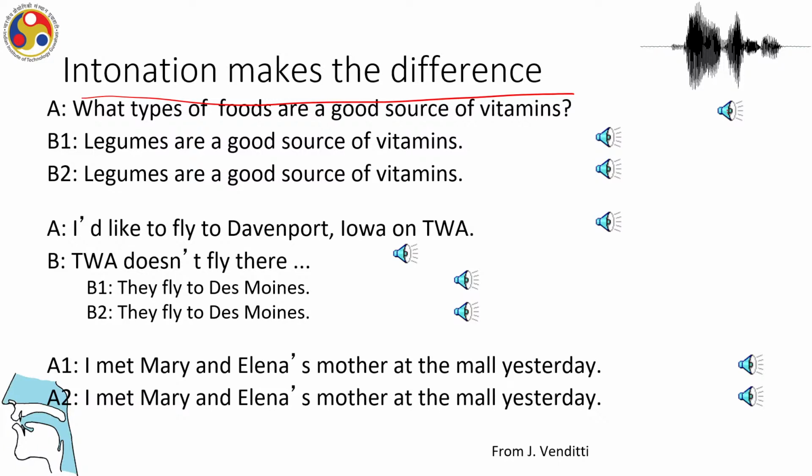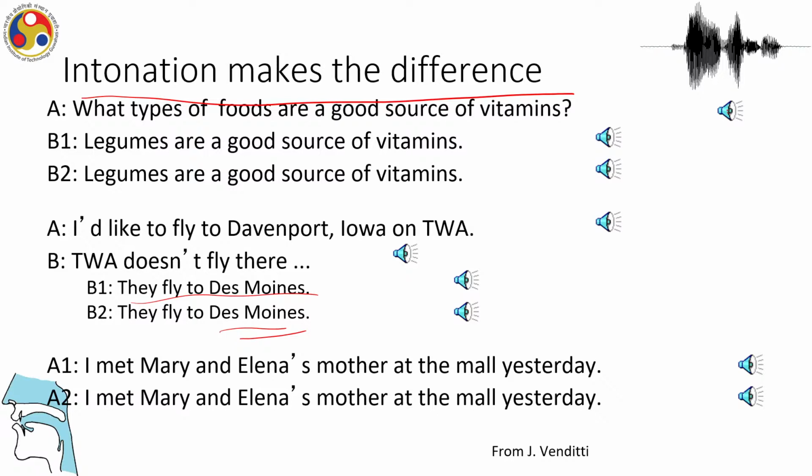If the answer is TWA doesn't fly there, there could be two different types of answers. Depending on the intonation of would they fly to Des Moines, you might have a simple declarative answer, or a sort of questioning answer, and all of that makes a difference to the meaning of the sentence.